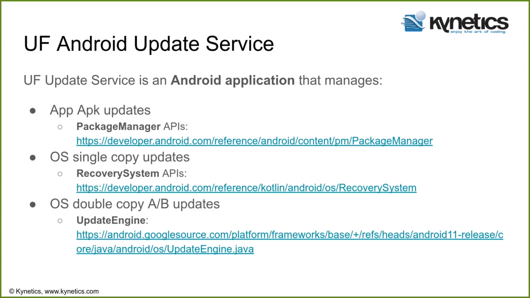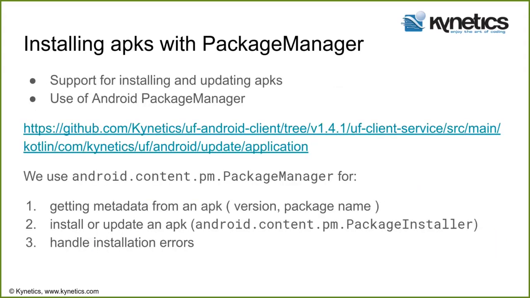It manages operating system single copy updates using the recovery system APIs. And it also manages double copy A/B updates using the UpdateEngine. And let's have a look at the APK installation.